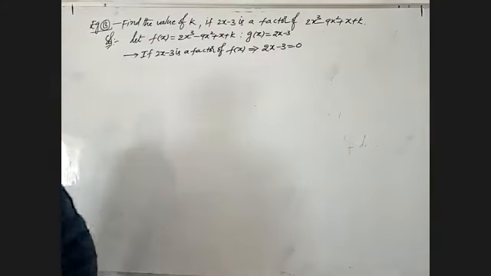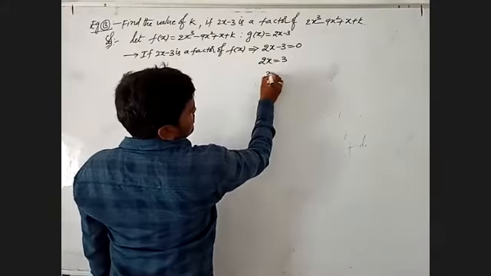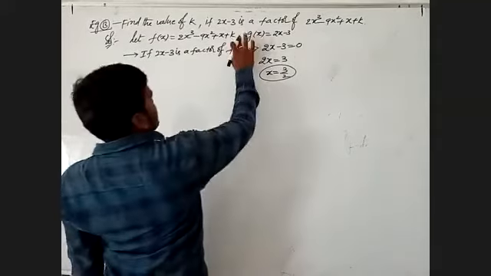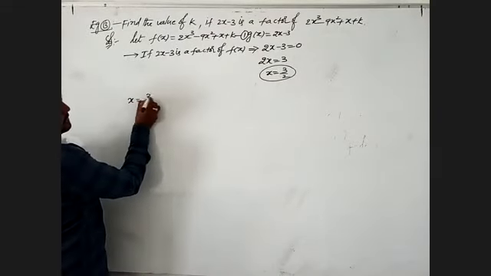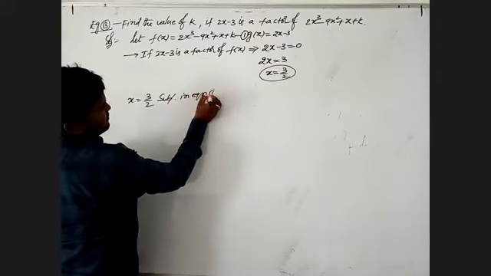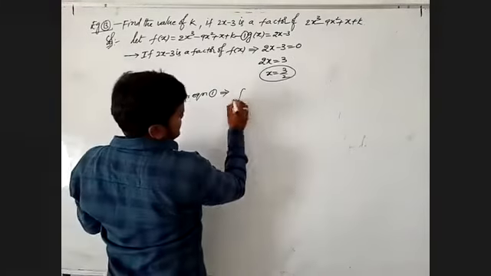That is 2x minus 3 is equal to 0. After this I have to replace 2x is equal to 3, x is equal to 3 by 2. I will take this as equation number 1. That means x is equal to 3 by 2, substituting in equation 1, where f of x must be equal to 0.